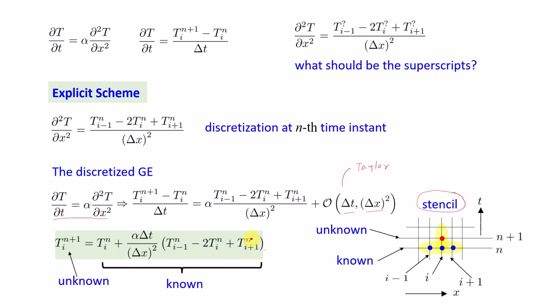I'll start from n equal to 0, meaning my initial condition, and then I'll calculate n equal to 1, n equal to 2, etc., one time level at a time, and I can keep on doing this. So it's a very simple technique and we have to see its efficacy. But now let us just write properly how we'll solve using the explicit scheme.